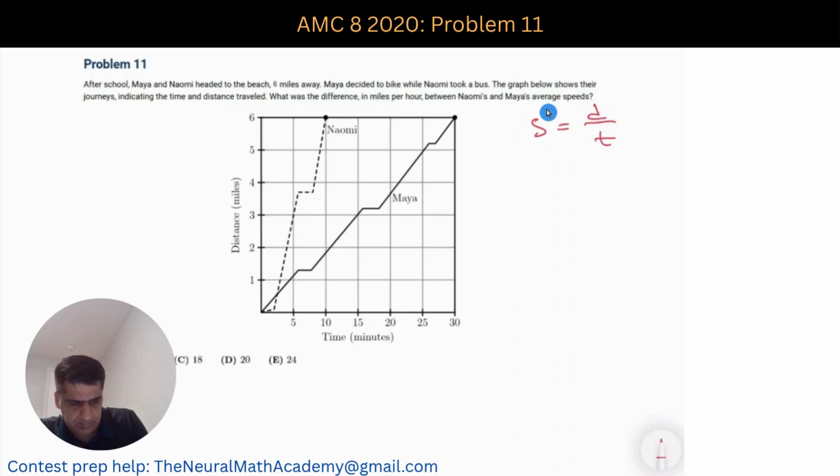So the distance that was covered by Maya, that was 6 miles. I will just label it as SM for the speed of Maya. D is the distance, and that is in miles, so it is 6 miles, divided by the time, and the time that we have is 30 minutes.